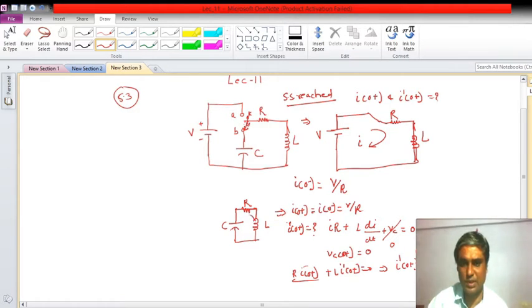So it will try to send the current through this R to C. As time proceeds, the capacitor will charge, and again there will be some energy dissipated across R. Once the capacitor has been fully charged, L will become a short circuit, and the capacitor will again send current back. Since the inductor has been fully charged, it will be sent to C, and with this we will get a sinusoidal decay sort of behavior. That will be the behavior.